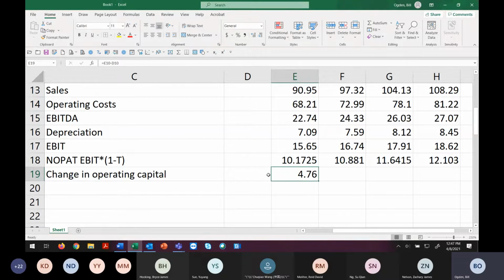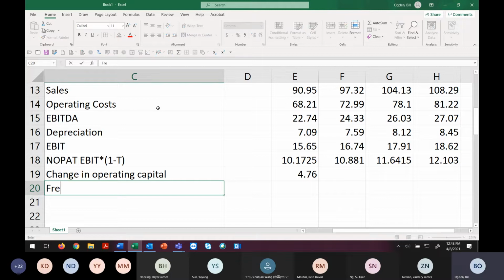Remember, that income went just to the shareholders. This amount is available to all capital providers, your creditors and your shareholders. We call the difference the free cash flow.